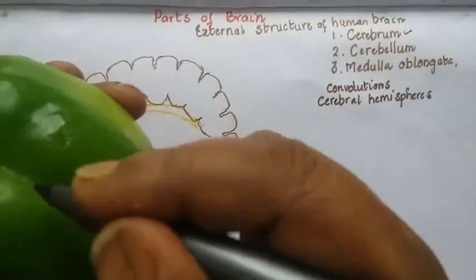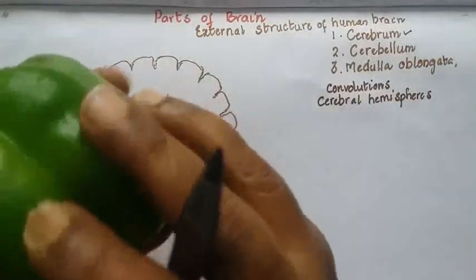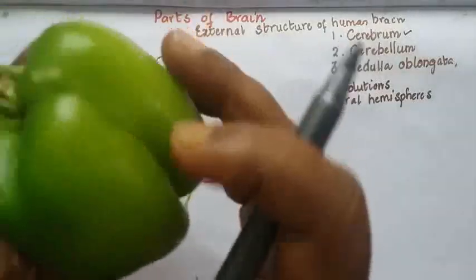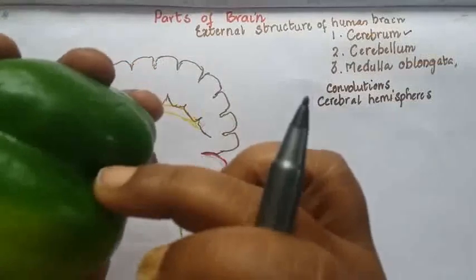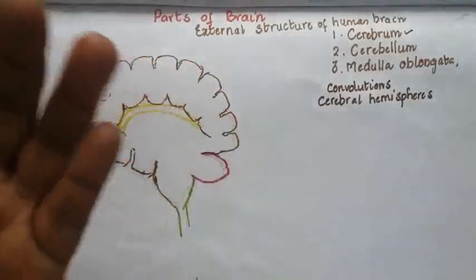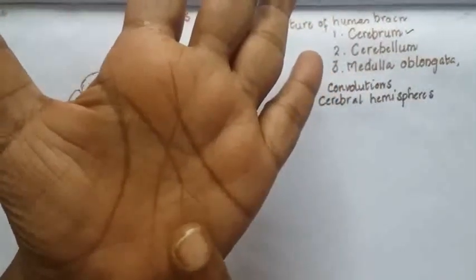These depressions are known as grooves. You can find one more ridge, one more groove, a ridge followed by a groove. In the same way, you can also find ridges and grooves in your palm. These lines are the grooves and these elevated structures are the ridges.